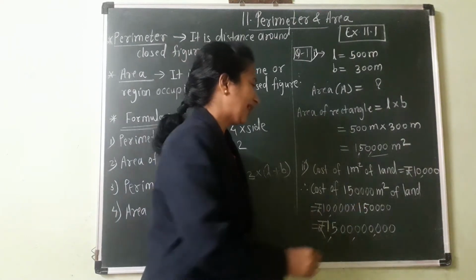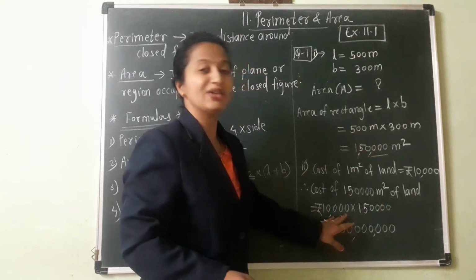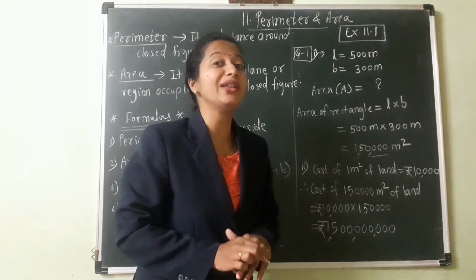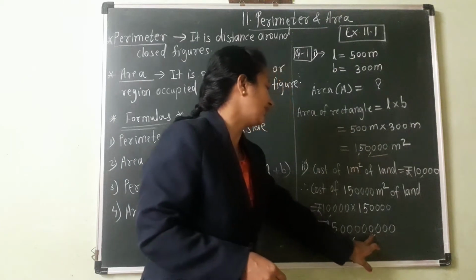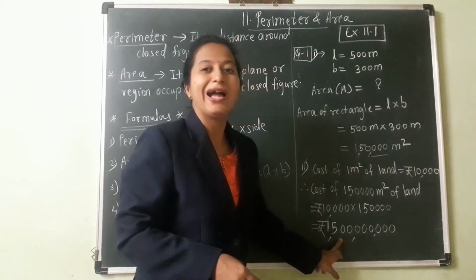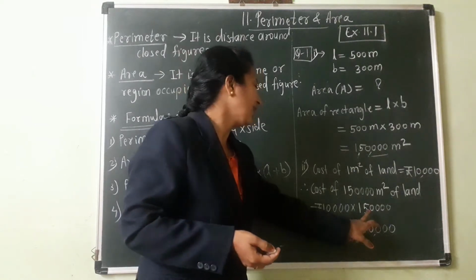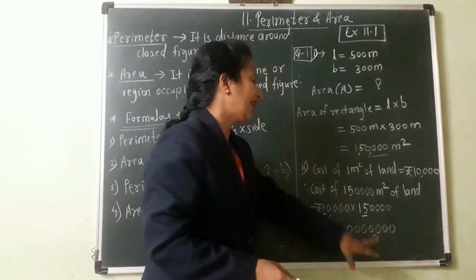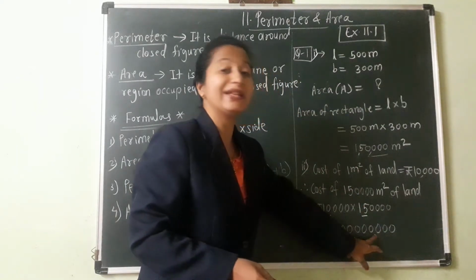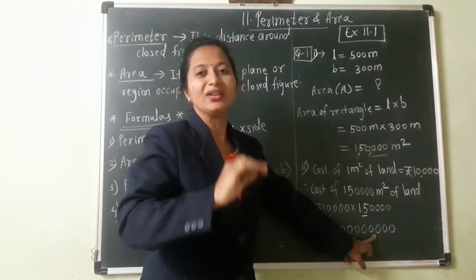So when you multiply, count the number of zeros. Here you can see 4, and again in 10,000 you will see 4 zeros. So in total you get 8 zeros. First put the 8 zeros, 1, 2, 3, 4, 5, 6, 7, 8, and then do the multiplication of the remaining digits. It's 15 multiplied by 1, so the answer will be 15. Now put the commas. As per the international place value system, you put commas after every 3 digits.